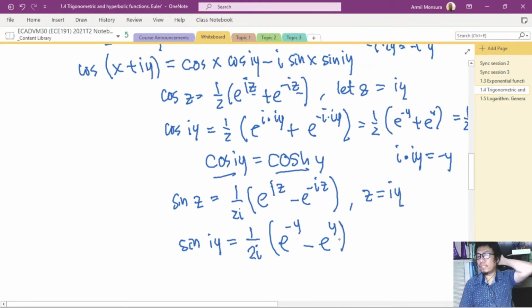Okay? Now, the next thing that we will have to do, because as you might have predicted, we would try to convert this to hyperbolic sine of y. We will attempt to have sine of iy equal to or related to hyperbolic sine of y.